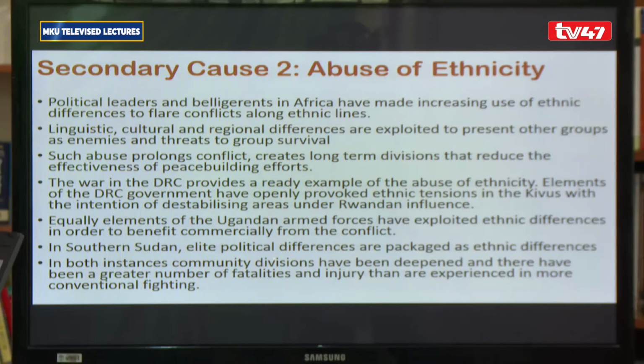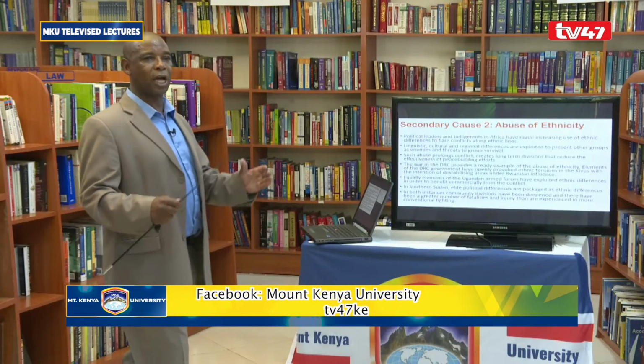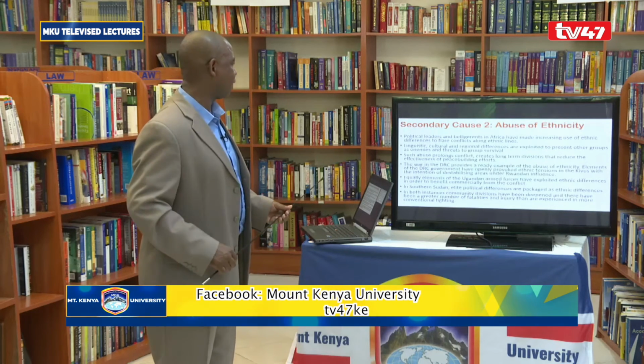The secondary conflict is abuse of ethnicity. Even though Africa has diverse regions and cultures, with linguistic, cultural, and regional differences, these are exploited to present groups as different from others. These groups are naturally and culturally different, but the differences are exploited by political leaders.